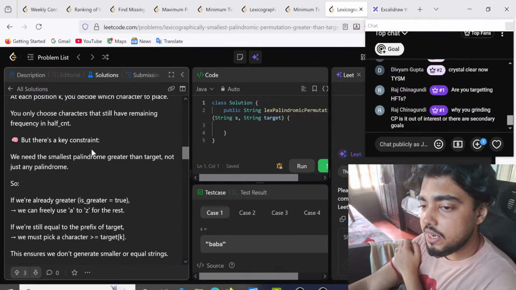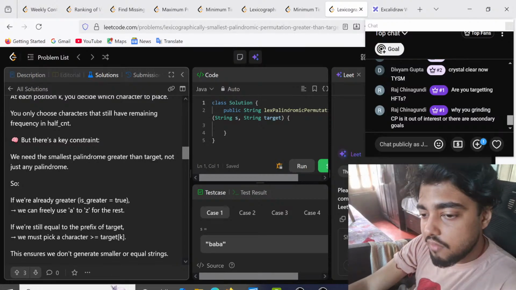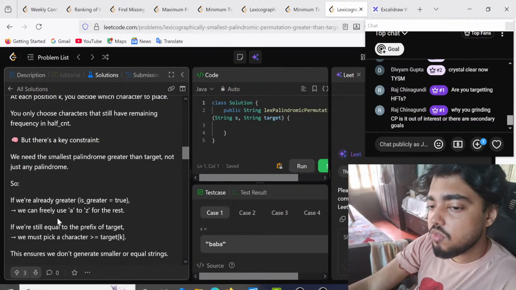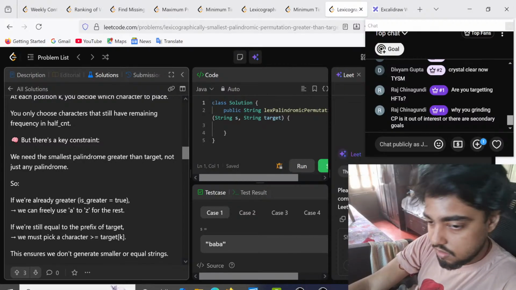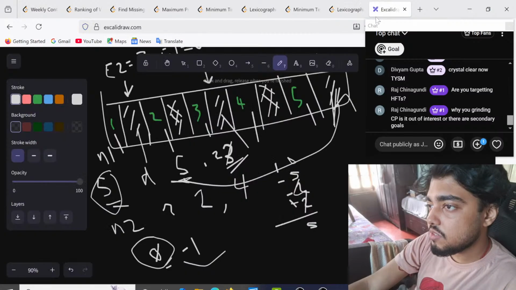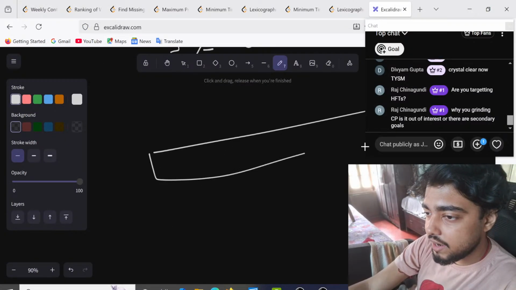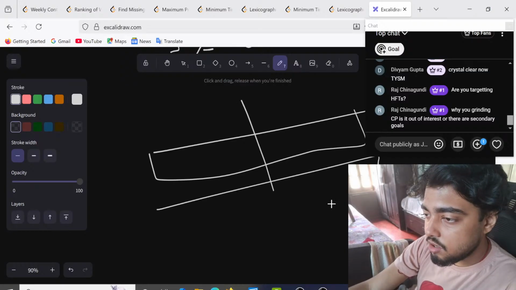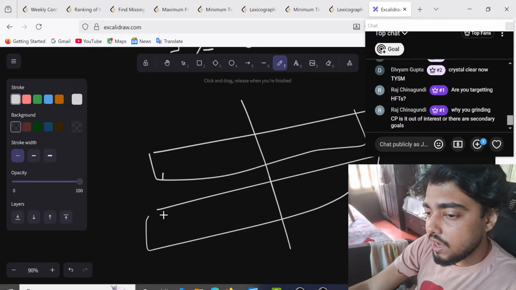But there's a key concept. We need the smallest palindrome greater than the target, not just any palindrome. If we are already greater is equal to true, we can use A to Z for the rest. Brilliant. That means if we have already reached the larger one, because we are traveling from left to right, let's say we have the target. We can divide the target into two parts, and the palindrome that we are going to make will also have two parts. So we can go on checking.